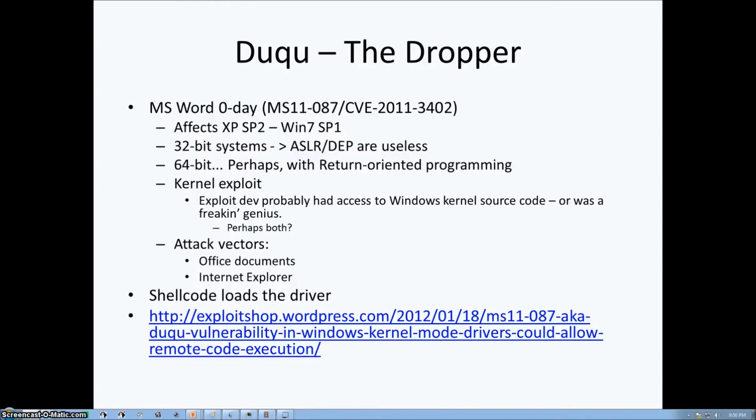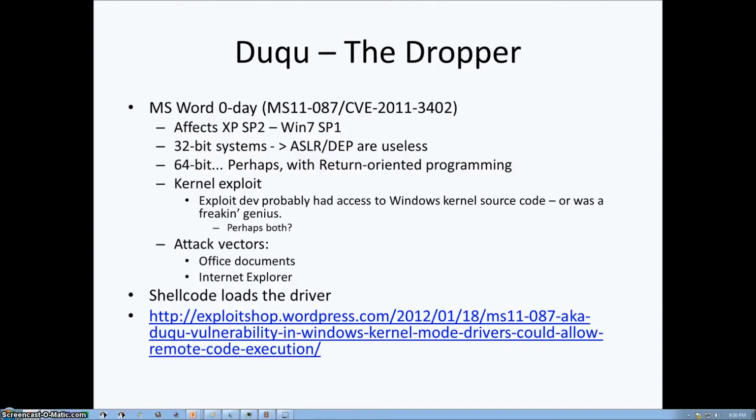Again, I'm not able to go into as much technical detail as I'd like to for the sake of time, but look this up outside of this video. It's absolutely insane just how intricate this exploit actually is. One other interesting thing too is that this attack can actually be triggered from both Word documents as well as through Internet Explorer. So imagine that, right?